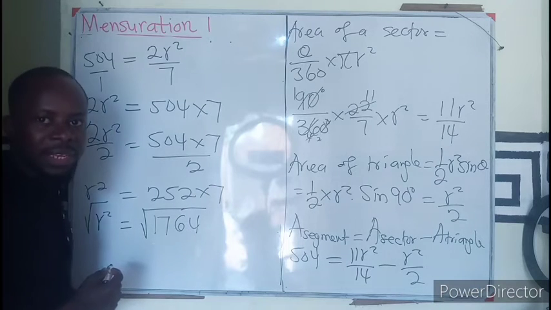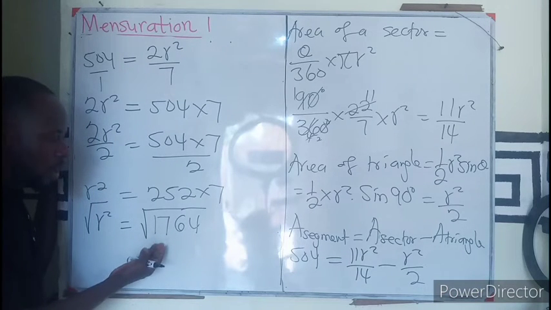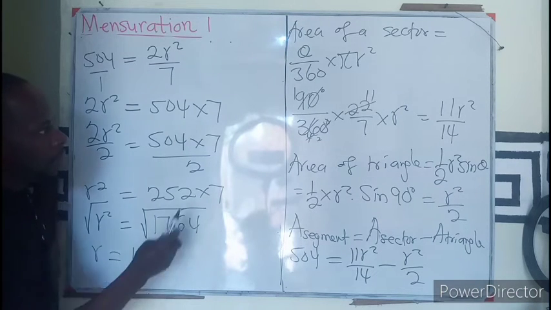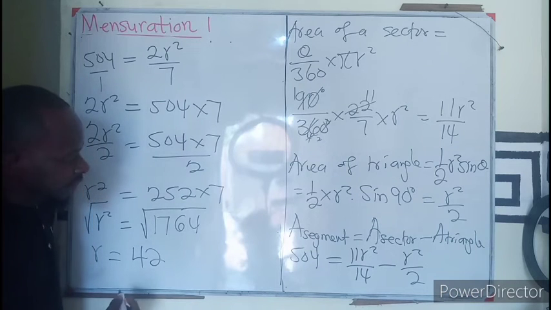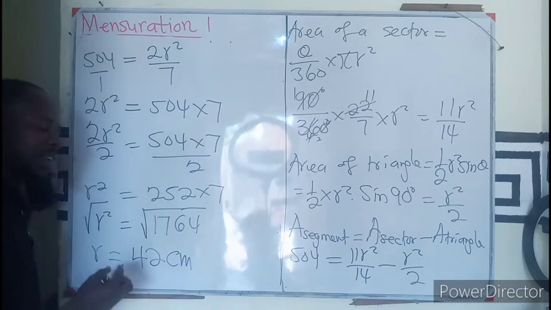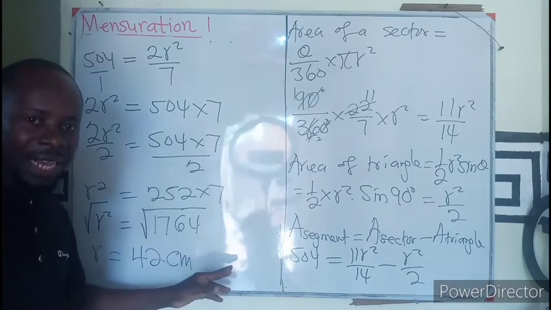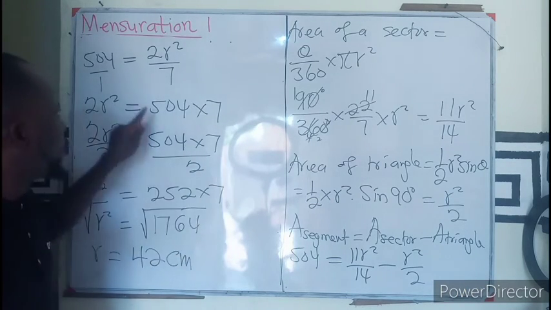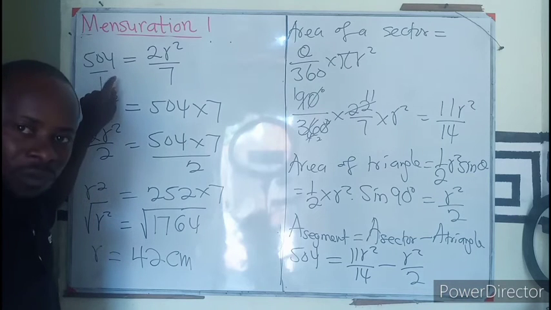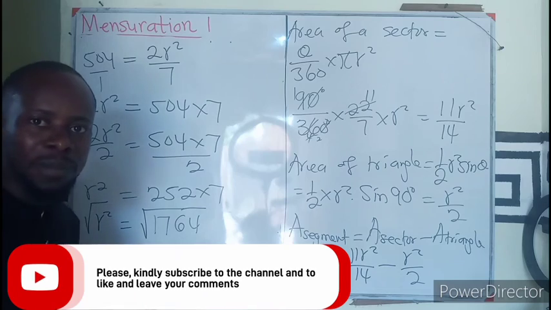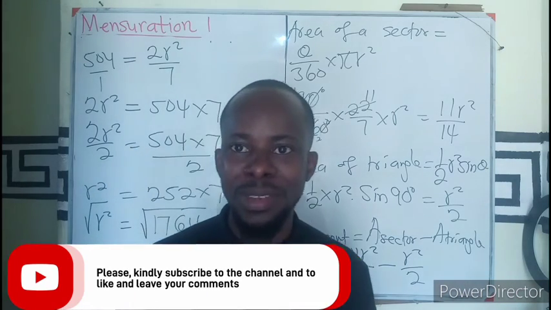Using the square root on the calculator, we have r equals 42, and our unit of measurement is centimeter. So simply put, the radius of the circle that produced the sector to be 504 will just be 42 centimeter. I believe you grab the concept.